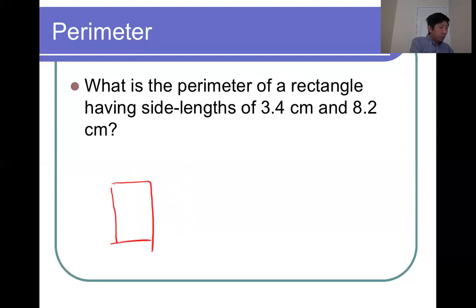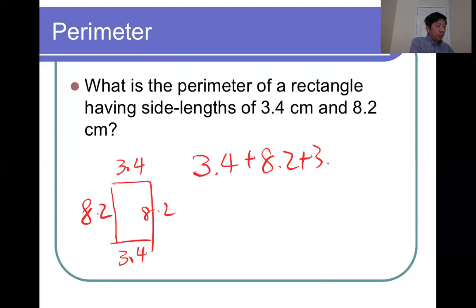It is 3.4 and 8.2, right? So I have 3.4 plus 8.2, plus 3.4, plus 8.2. I should be able to get the answer 23.2, right?